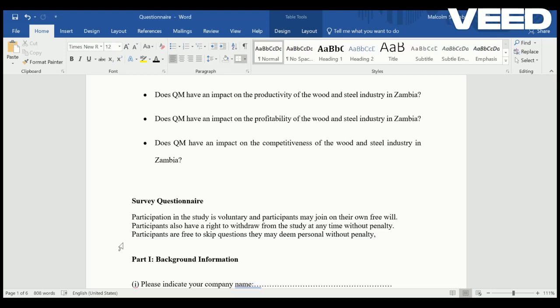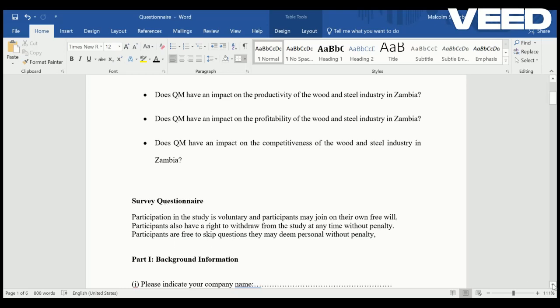So in this first part where you are giving conditions, it's an ethical requirement that the participants have that right. Participants can join at their own free will, or may skip questions, or may withdraw from the study. It's one of the conditions, and the conditions which you give have to be ethical, giving the rights of the participants.